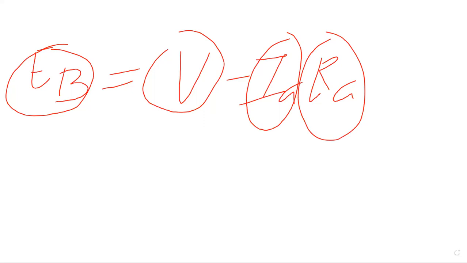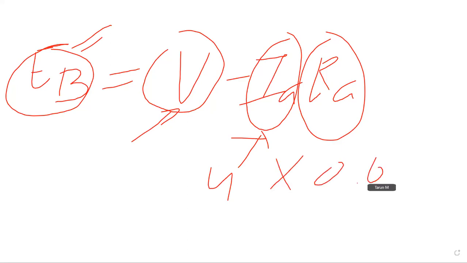So if you want to calculate the back electromotive force, EB, then you know the V, right? V is 230. You already calculated IA. IA is how much? 4 amps, right? And RA is given in the problem, that is 0.025, right?